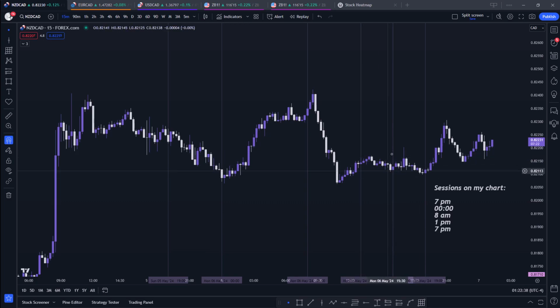We don't get a lot of dynamic movement to the upside or downside, and you can see that the price chart literally just stayed sideways all through the Asia session. It's not really Asia, but if you want to be very technical about it, the price will close here at 4 p.m., then we move into Asia and start the day again from 7 p.m.